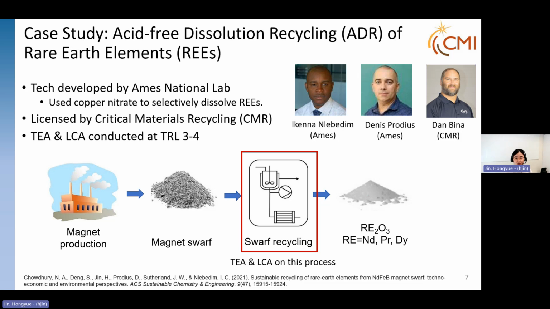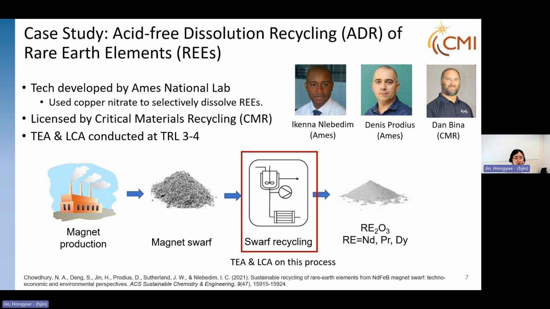The researchers are shown in the photo, Dr. Ikenna Nlebedim from Ames National Lab and Dr. Denis Prodius from Ames National Lab. The key innovation is to use copper salt, initially copper nitrate, to selectively dissolve rare earth elements from a variety of feedstocks. So in this particular example, I'm looking at magnet swarf.